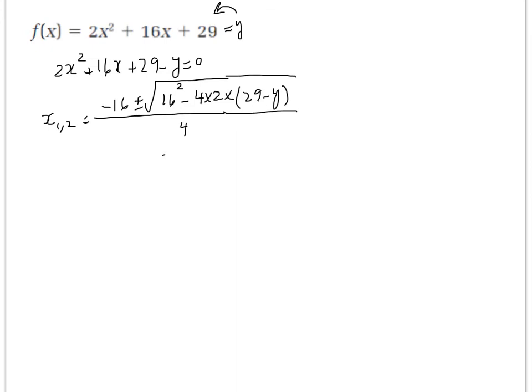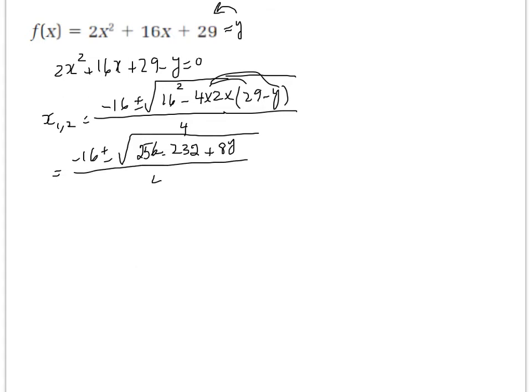over 2a, which is 4, which is equal to negative 16 plus or minus. Now, 16 squared is 256 minus 4 times 2 is 8. Now I distribute this by multiplying by each term in the bracket, so 8 times 29 is going to give me 232, and negative 8 times negative y gives me plus 8y, divided by 4.